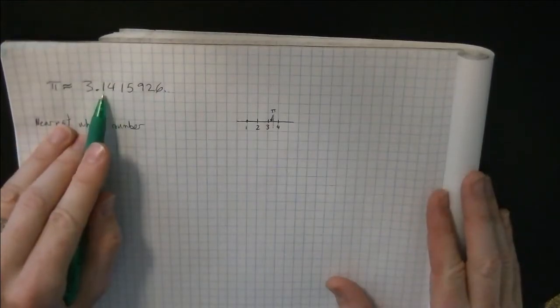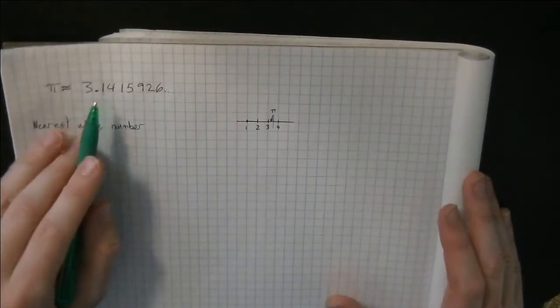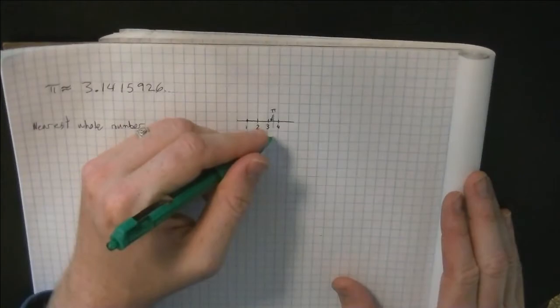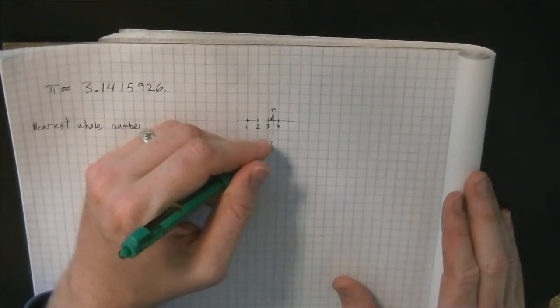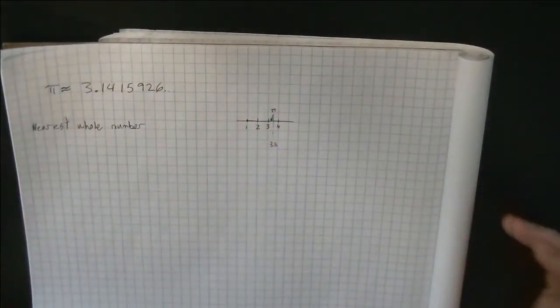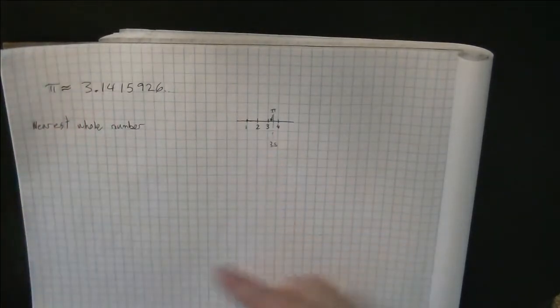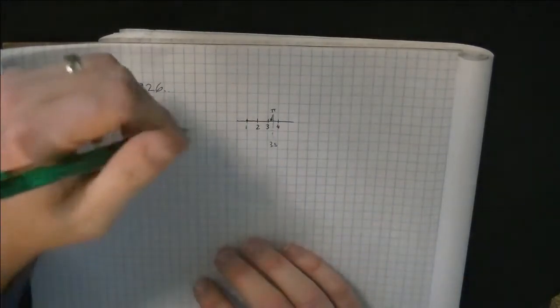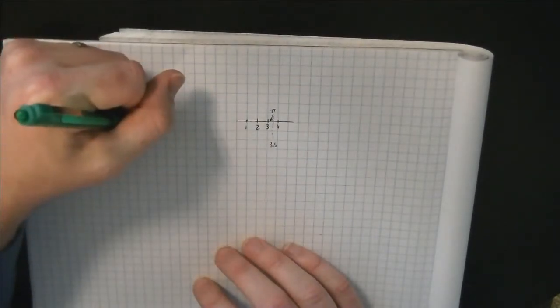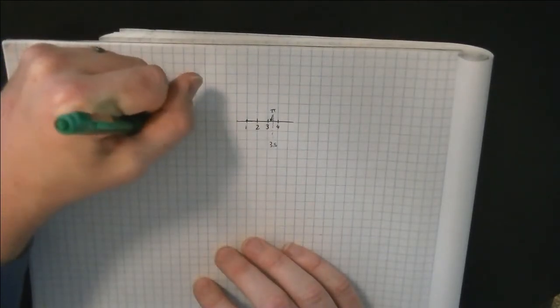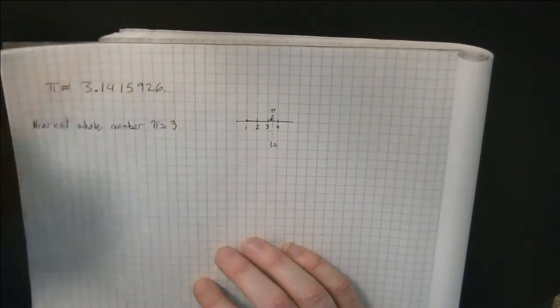Well, our tenths place is 1, which is less than 5, because this line here is 3.5. So 3.1 rounds down to 3. So to the nearest whole number, pi is approximately 3.